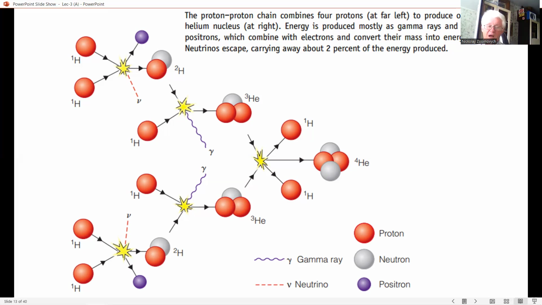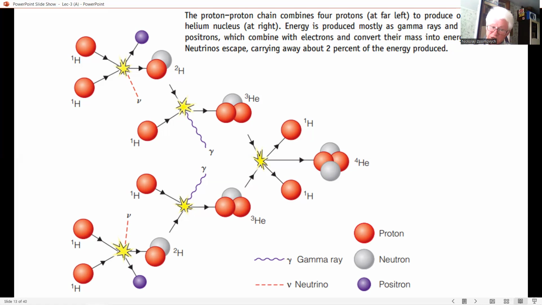In addition, when fusion produces new nuclei, they fly apart at high velocity and collide with other particles. This energy of motion helps raise the temperature of the gas.